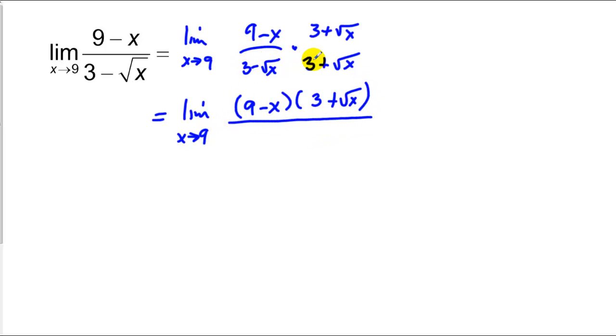In the denominator, I multiply by FOILing, I get 9 plus 3 root x minus 3 root x, that goes to 0. And I'll have minus square root of x squared, which is x.